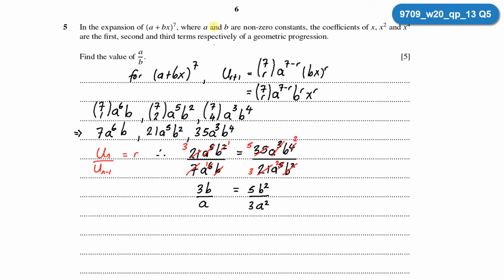So what I'll do here is multiply both sides by a over b. If we do that, on the left we cancel out, so we're left with 3. And on the right, dividing b into b squared, we get b to the power 1. So we have 5b, and a into a squared, we get 3a.